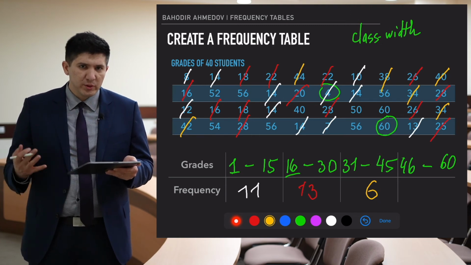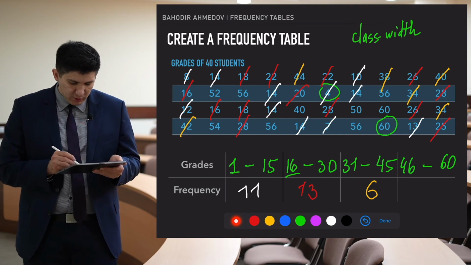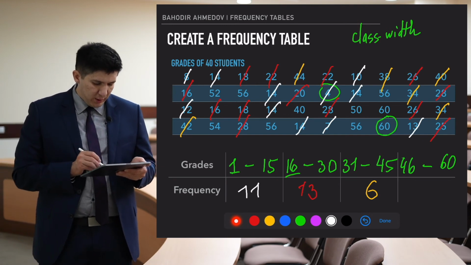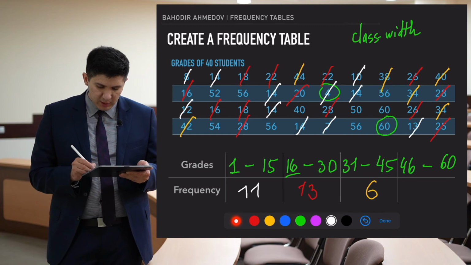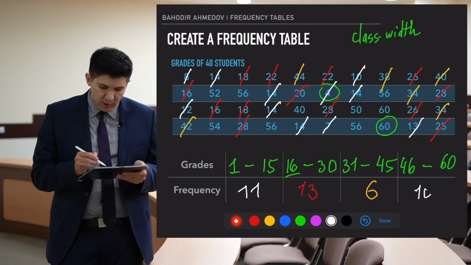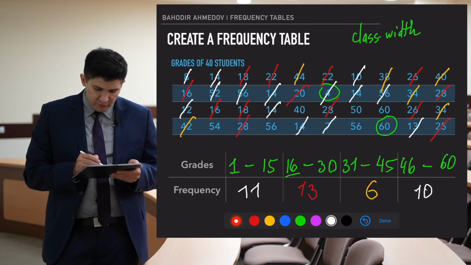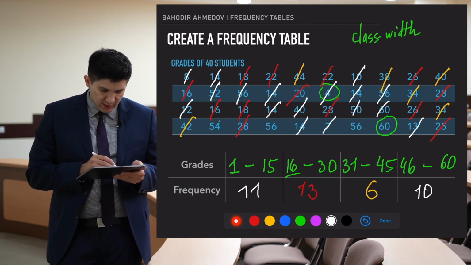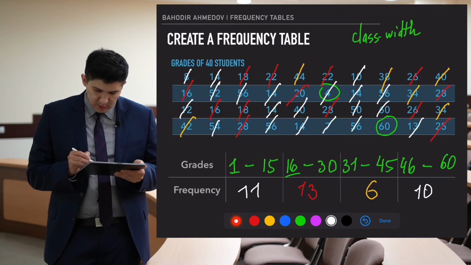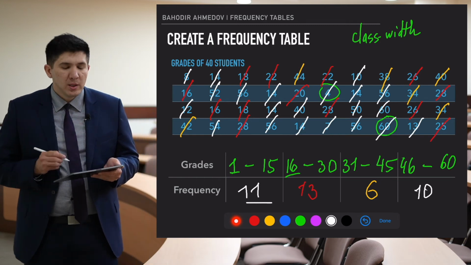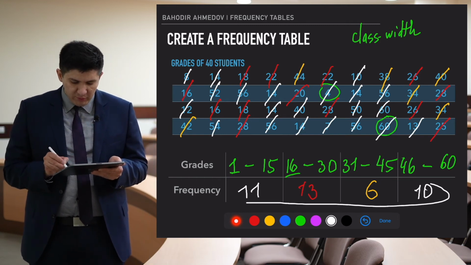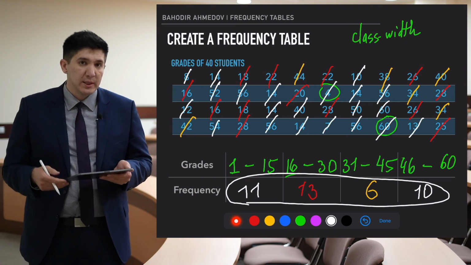If there are 40 values in total, and we've counted so far 24, 30, then the last one is going to be equal to 10, right? We can count them: 1, 2, 3, 4, 5, 6, 7, 8, 9, 10. Okay, so you can see here that the sum of all of the frequencies should be equal to 60.